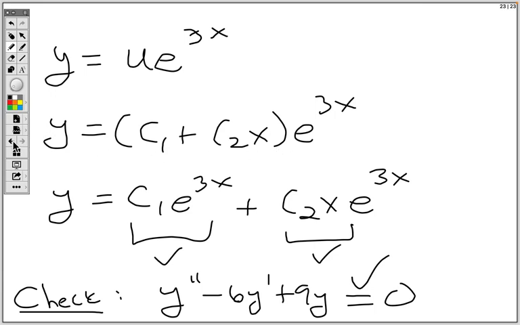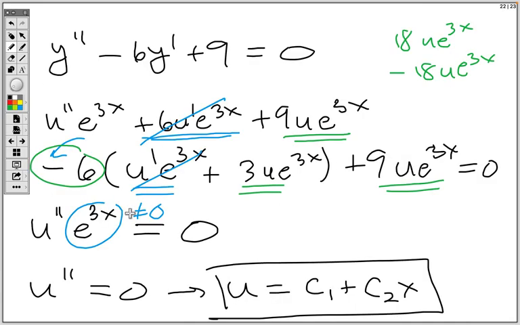Really, all you have to do is go back to this equation here, because this is the generic one, with the notion that u equals x. So if u equals x, u double prime would be 0, u prime would be 1. You just fill that in and show that you get 0. So there's not much to do there, but it does work. Okay, it is a solution.